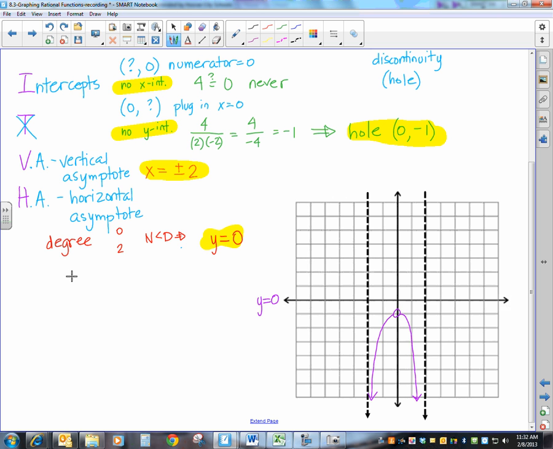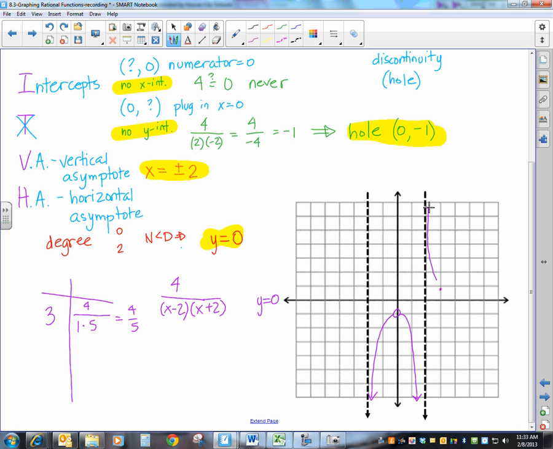From there, we have two other regions, and we're going to go test values in those regions. I find it easiest to use the factored form, which is 4 over x minus 2 times x plus 2. So I'm picking a point in this region. That gives me the number 3. If I pick the number 3, then I'm going to have 4 over 3 minus 2, which is 1, times 3 plus 2, which is 5. So that gives me the point 3, 4/5.